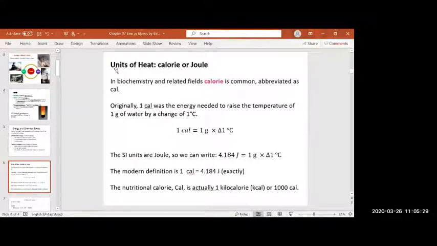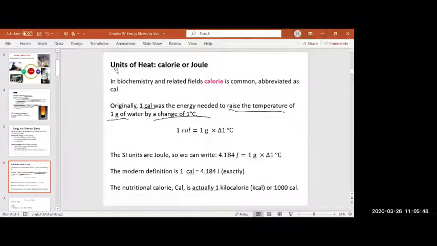Unit of heat, we already also talked about this. We have the calorie, which is the common one, and the joule, which is the SI unit. One calorie is the energy needed to raise the temperature of 1 gram of water by 1 Celsius degree.